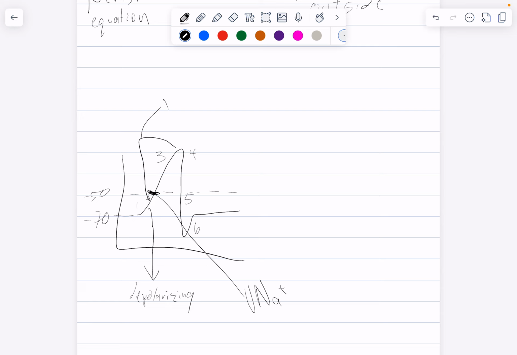And then this is depolarization. So right here is when the sodium channels, no, not the sodium, the potassium channels are all the way open, and the inactivation gate closes.